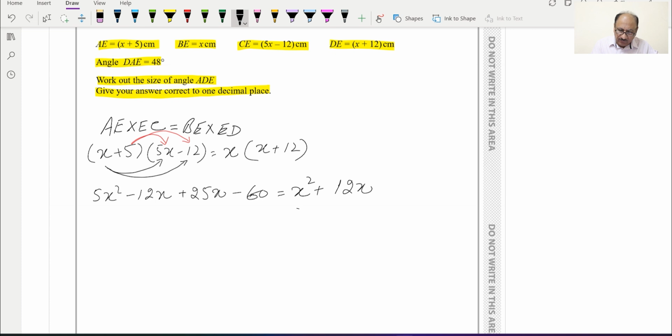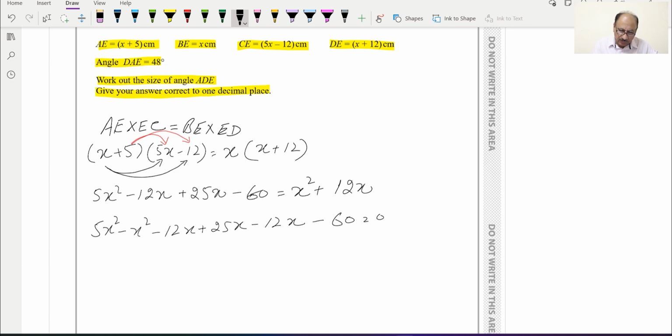Now we shift everything to the other side, so this will be 5x squared minus x squared, minus 12x plus 25x minus 12x, minus 60 is equal to 0.